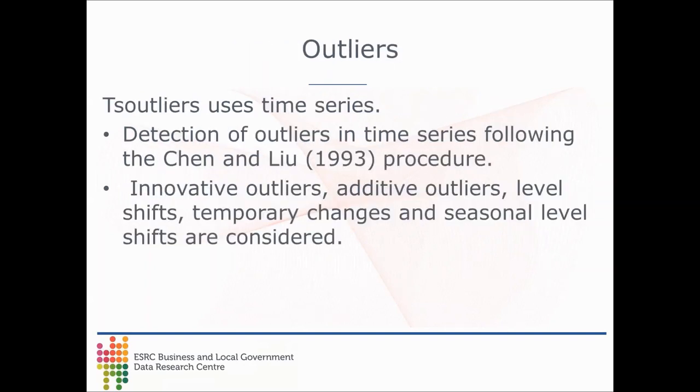As I said, tsoutliers uses a time series. It uses the general procedure for detecting outliers, and we can use innovative outliers, additive, level shifts, temporary changes, and seasonal level shifts. All these types of outliers are considered within the tsoutliers package.